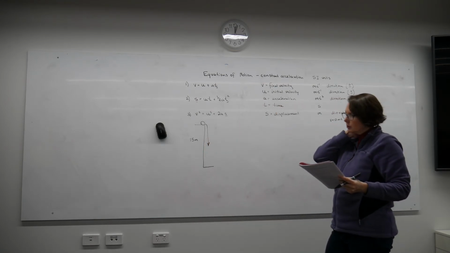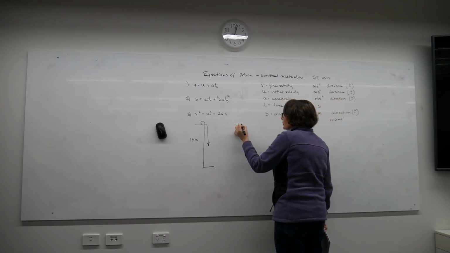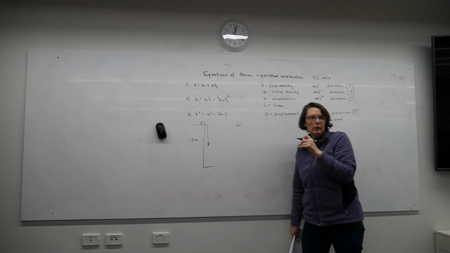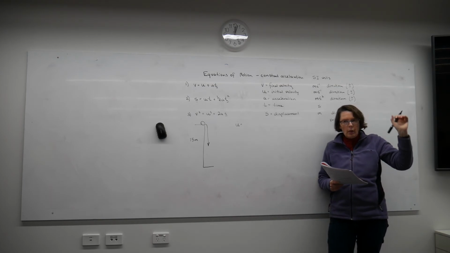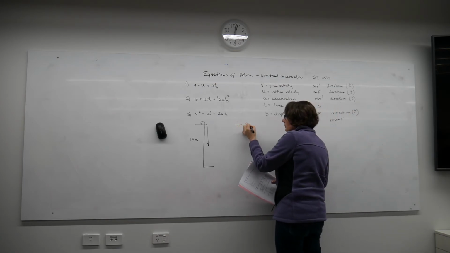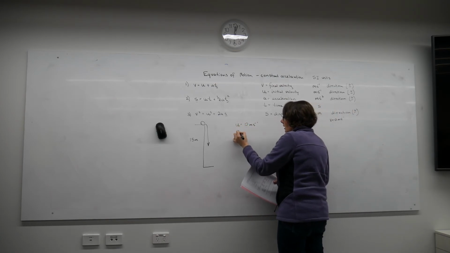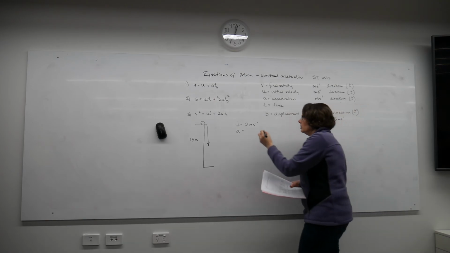What velocity does it strike the ground with? Well, its initial velocity in this case, it's dropped or falls. Okay, it's not thrown down. So its initial velocity is 0. It's falling under gravity, and so its acceleration is going to be due to gravity.